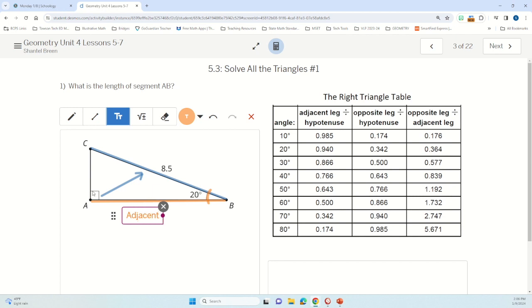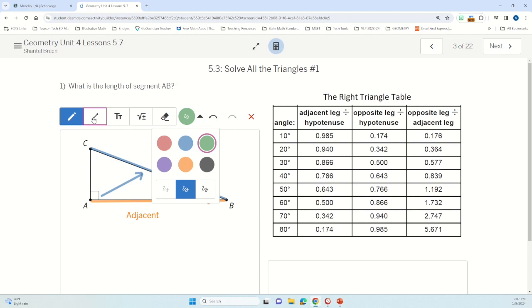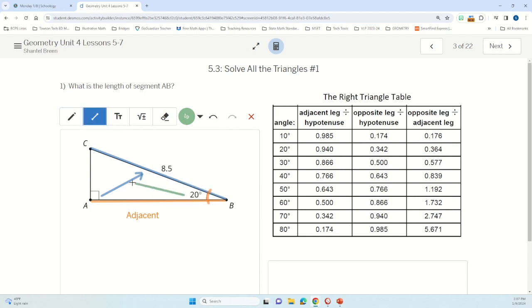And then the one that is opposite from the 20-degree angle, this one over here on the opposite side, is the opposite leg. Okay, so now we've identified our two legs.